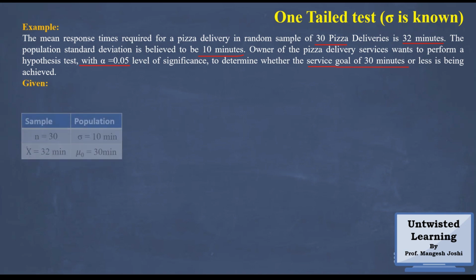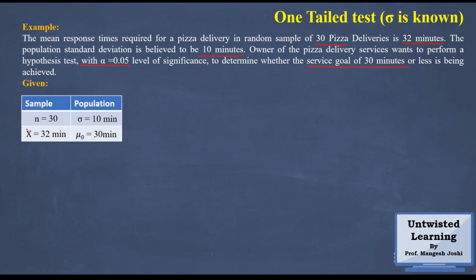Let us note down the given data. Regarding the sample, 30 pizzas, so n is 30. Sigma is 10 minutes. X bar is 32 minutes, and the hypothesized value of the population mean is 30.